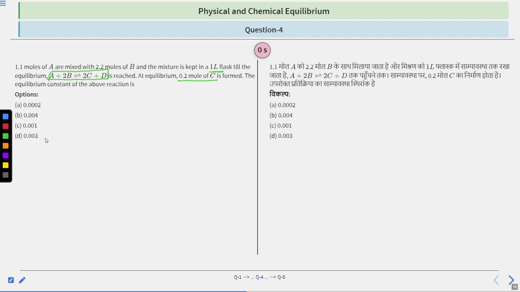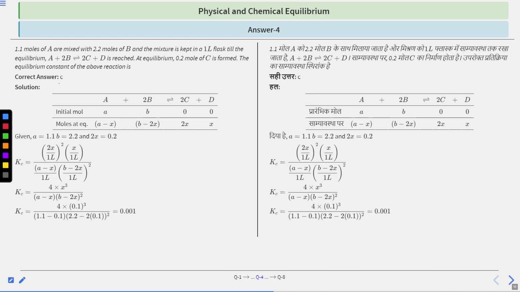Okay, so the correct answer for this is option C. We have this equation: A plus 2B will give you 2C plus D. Let's suppose the initial moles for A is A, for B is B, for C will be 0 and for D will also be 0.